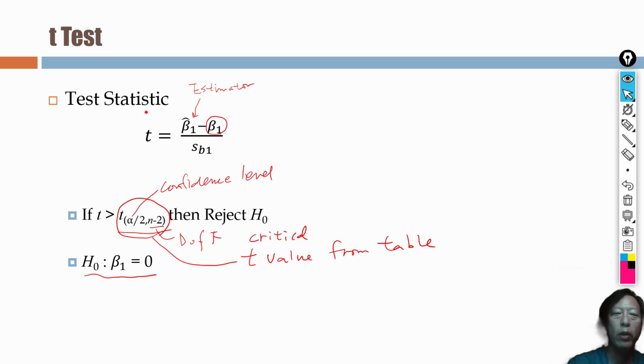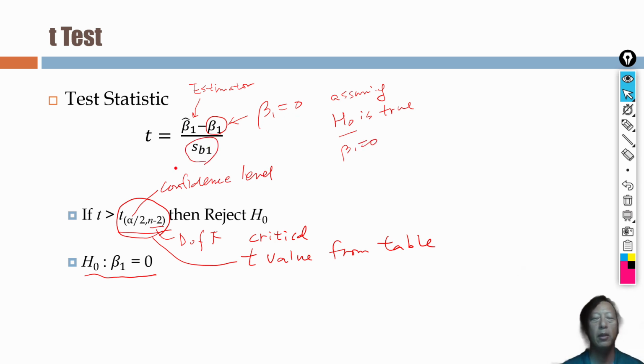Which means when we calculate the test statistic, for this beta 1 we put beta 1 equals 0 because we are assuming the null hypothesis is true. Right here, the null hypothesis of beta 1 is 0. So that's why we put beta 1 as 0 here, and then we can calculate. S_b1 is the standard error of b1.